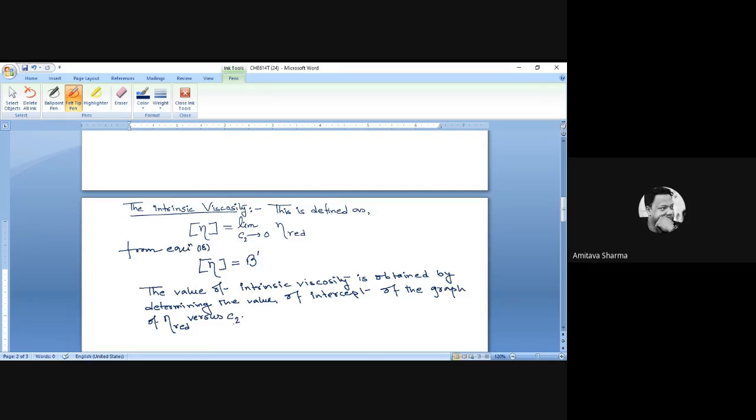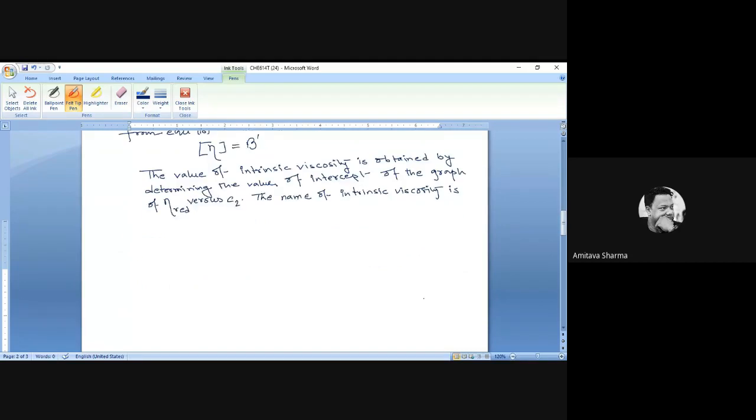So the intrinsic viscosity is often used as a value that directly reflects the molecular property of the solute, and the IUPAC name of intrinsic viscosity is limiting viscosity number.